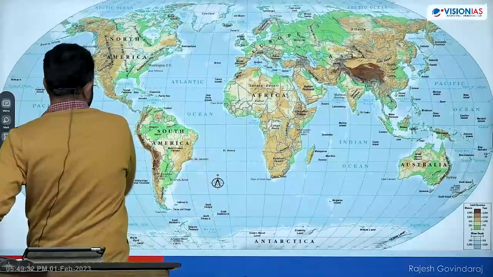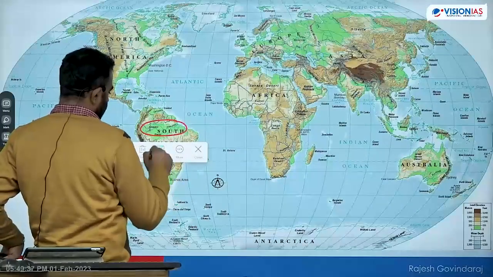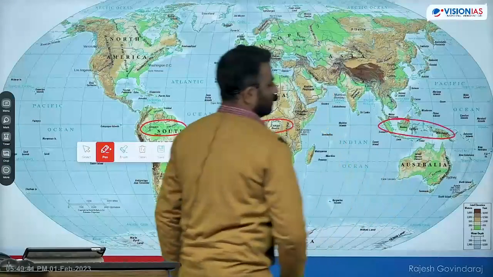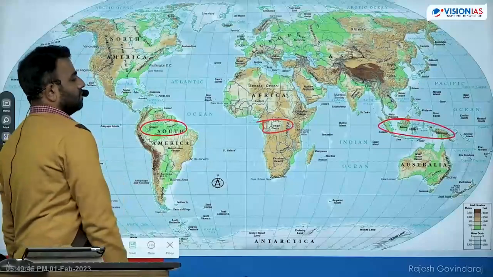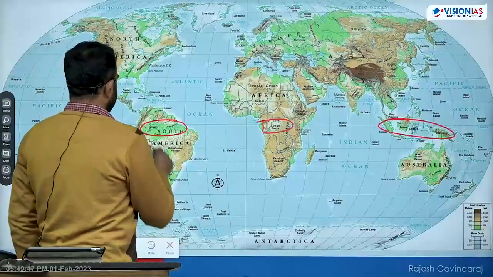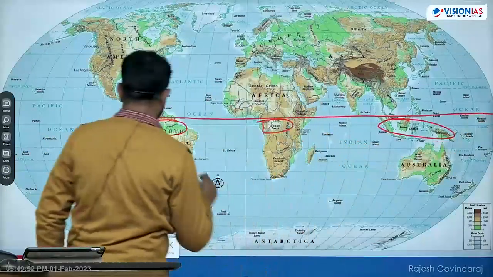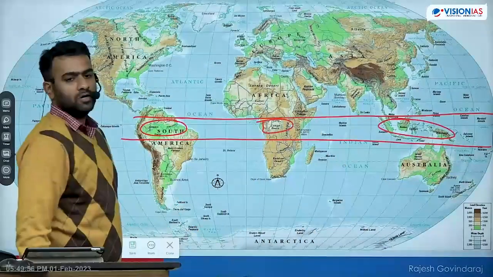Equatorial hot and wet condition is present all along the equator. Okay, 10 degree north, 10 degree south. This is the equatorial zone, hot and wet climate.